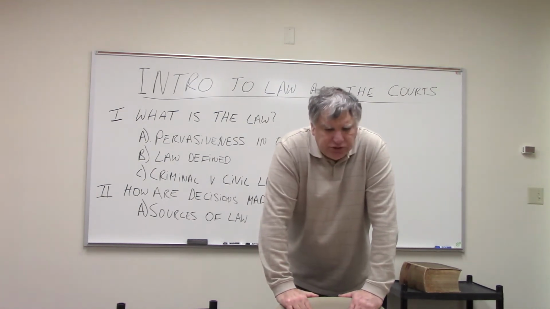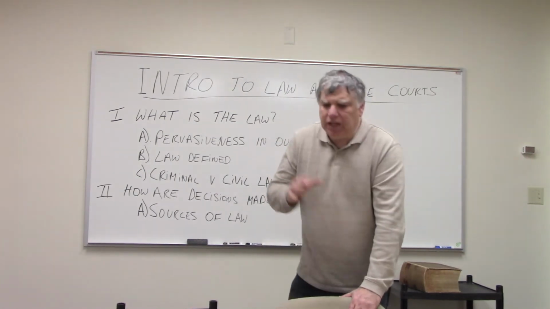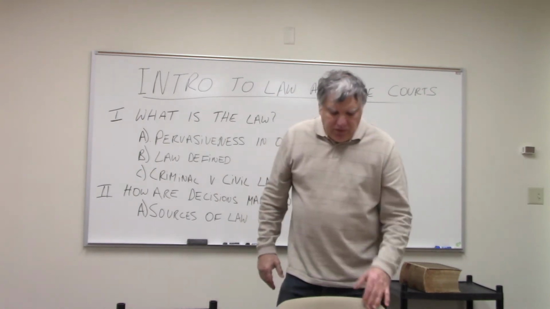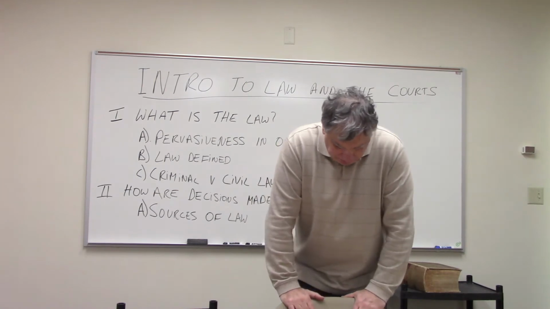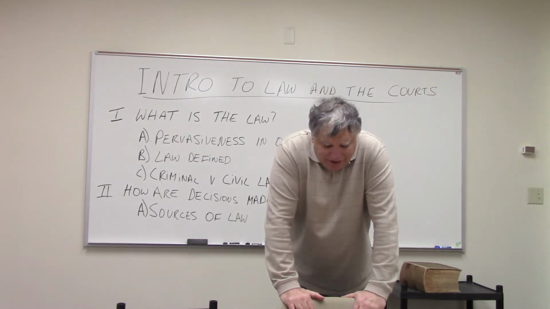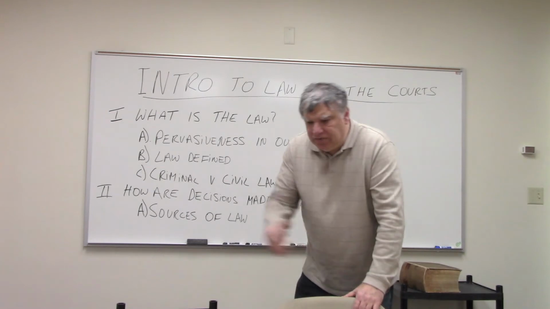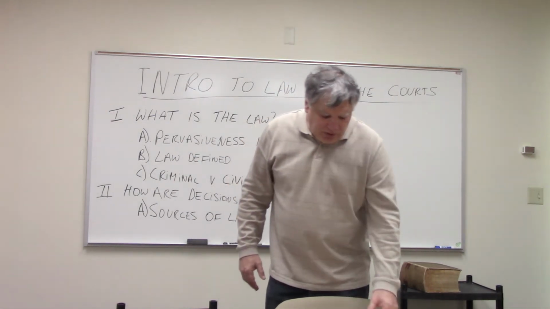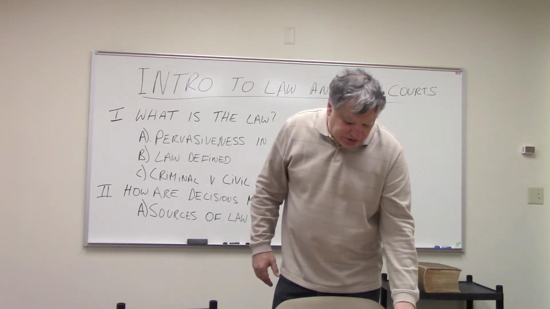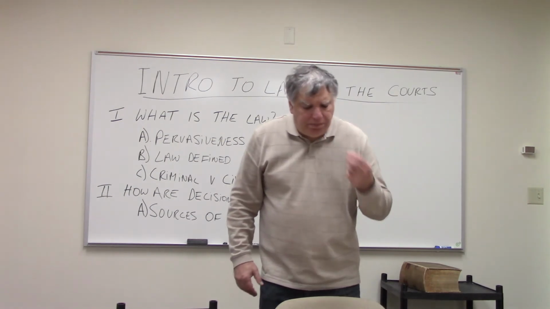So in attempting to address and understand these types of issues, we're going to do the following three things. First, we are going to ask and define what is law. And in defining it, we're going to ask what types of legal distinctions we make when defining law, and I'll explain that in a second. Then we'll ask, how does our judicial system organize itself to interpret and apply the law?